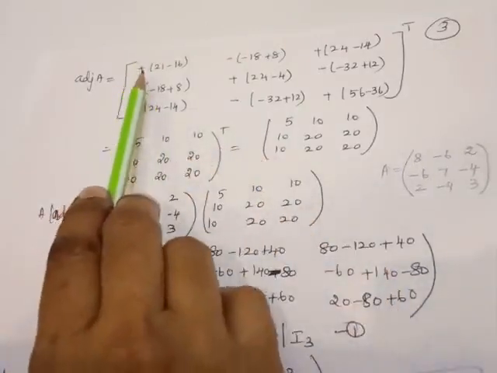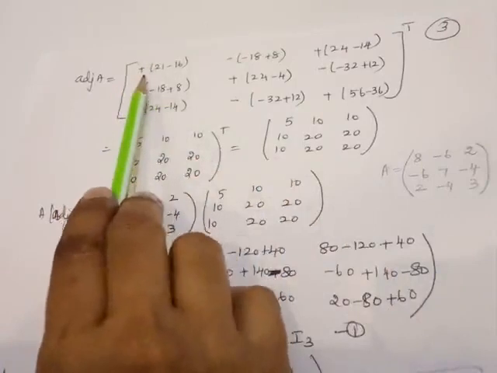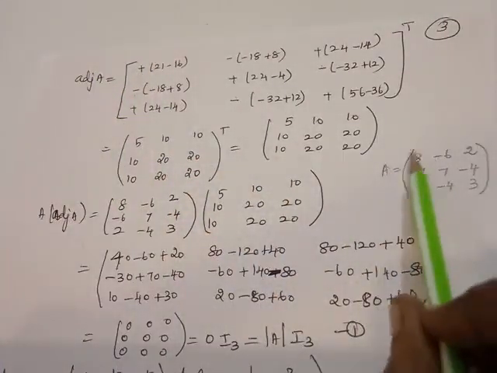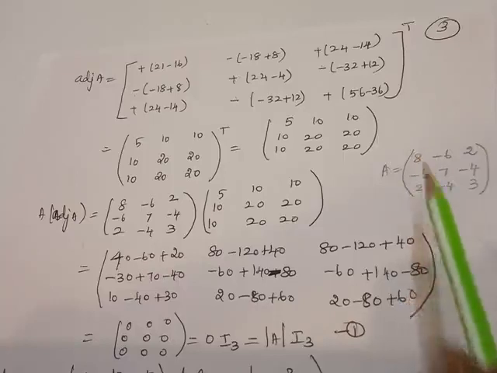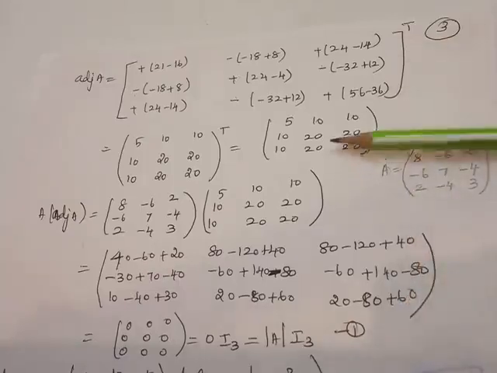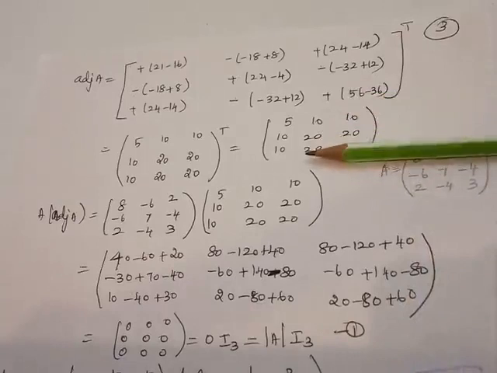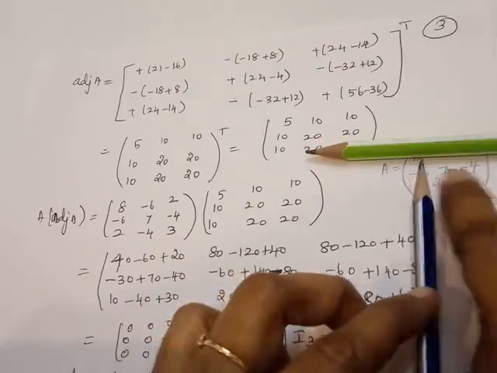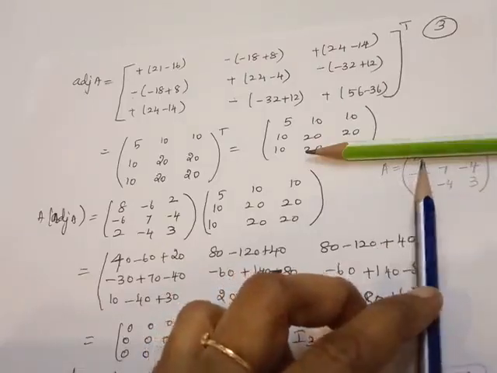Then for the minor of this element, in A, minor of the element 8, you have to delete the corresponding row and column. Find the determinant. You will get 7 into 3 is 21.